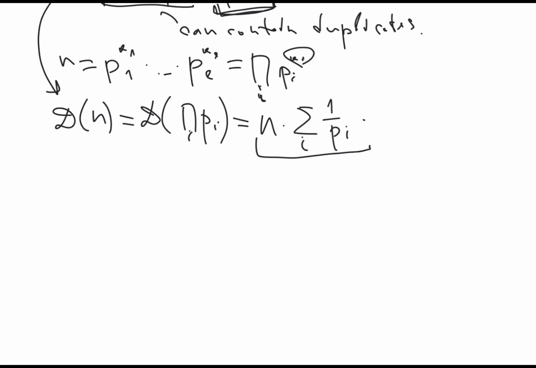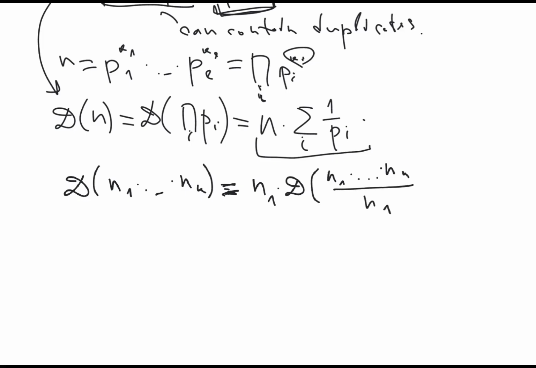So when there are multiple, so the derivative of let's say n1 and so on nk, so the extended product rule would be similar to the ordinary derivative. So this would be n1 multiplied by the derivative of everything else, and everything else is basically n1 multiplied by nk over n1, right?